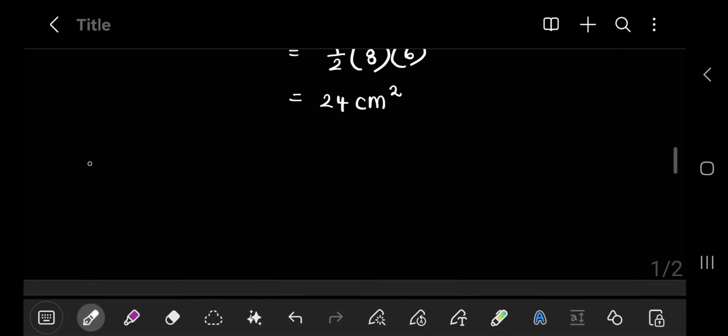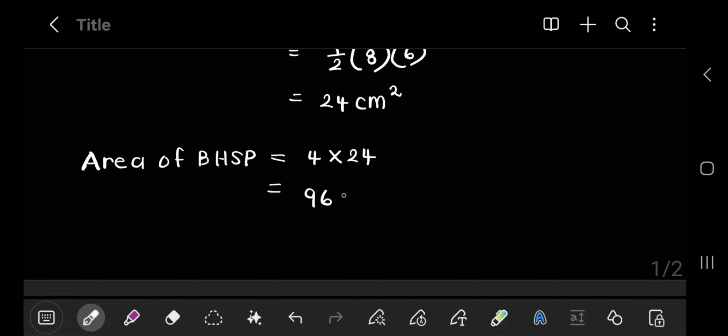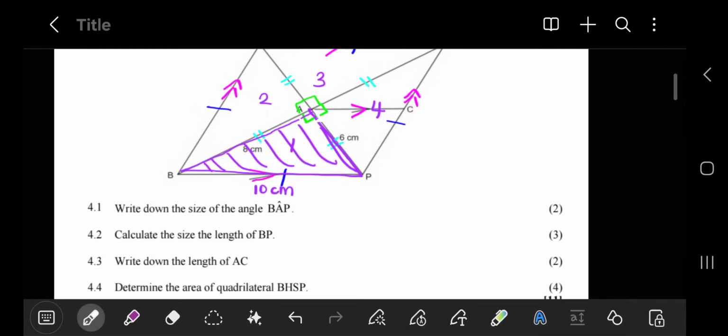So area of BHSP is going to be 4 times 24, which should give you 96 centimeters squared. That is your final answer. So we are done with this question.